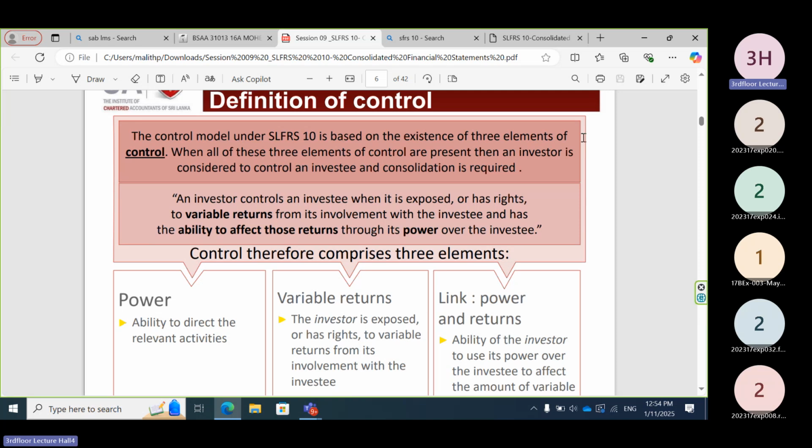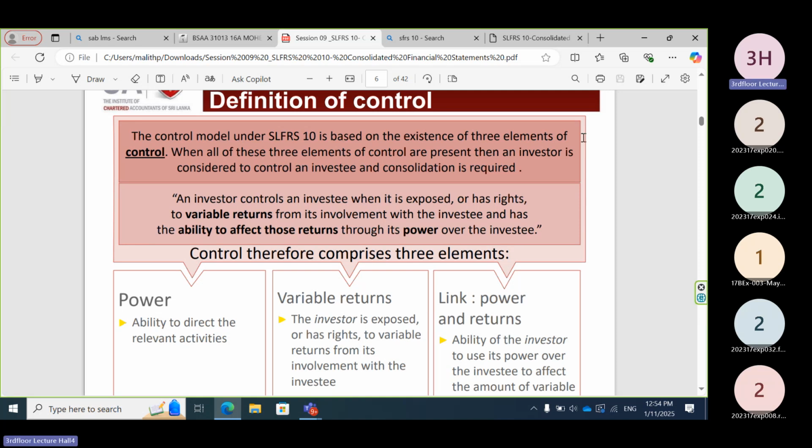You mean control over the asset, controlling the benefit from that. Whatever benefit you are getting from that asset, you have control: which period you are getting it, how much you want to get. The return from that particular asset will be controlled through your decisions. That is the evaluation you have to do.